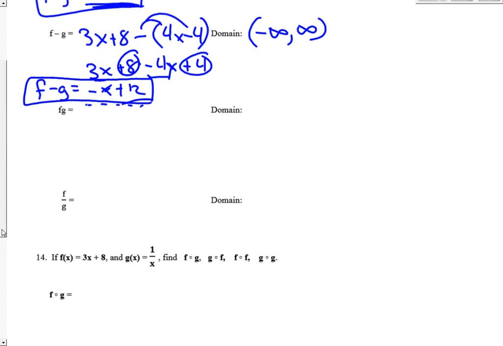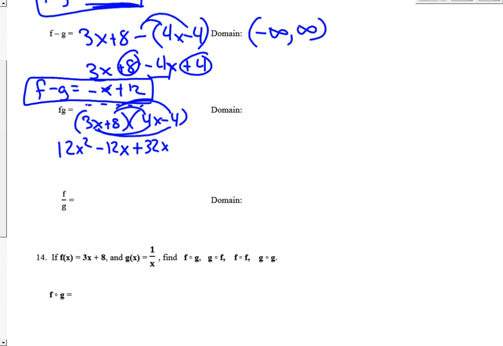It's 4x minus 4. So 3x plus 8 times 4x minus 4. 3x times 4x is 12x squared. 3x times negative 4 is negative 12x. 8 times 4x is plus 32x. And 8 times negative 4 is negative 32.